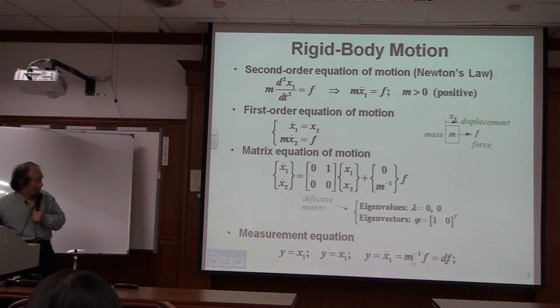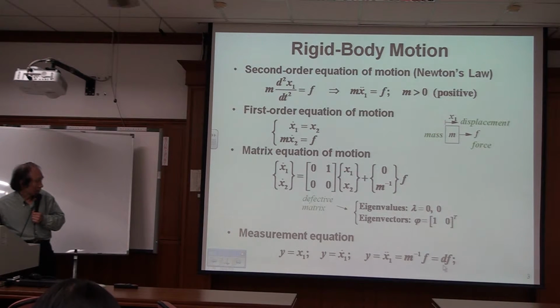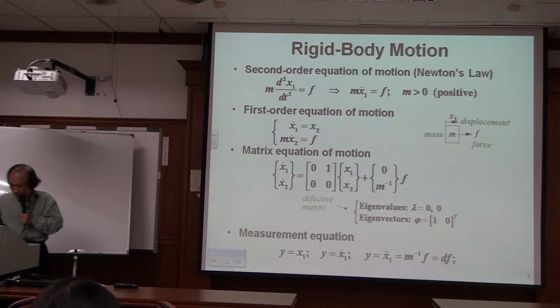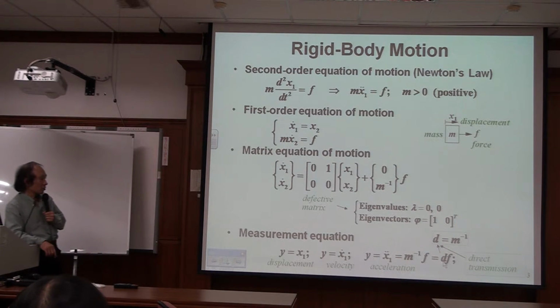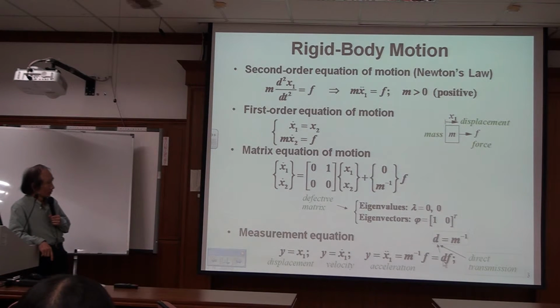Then you have y equal to Cx plus Du. Then there's a D term. Now you got D here. Remember this D term, that's important. This D term is the direct transmission term. Why do we call it the direct transmission term?